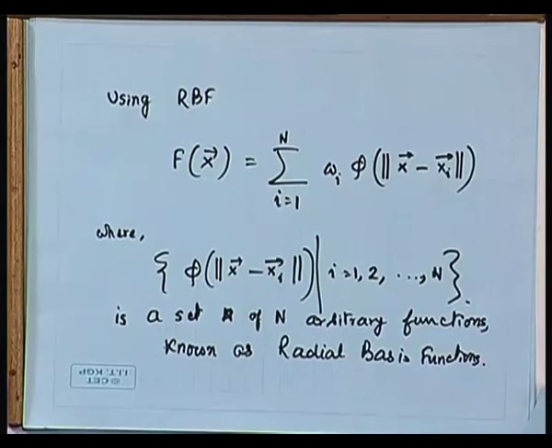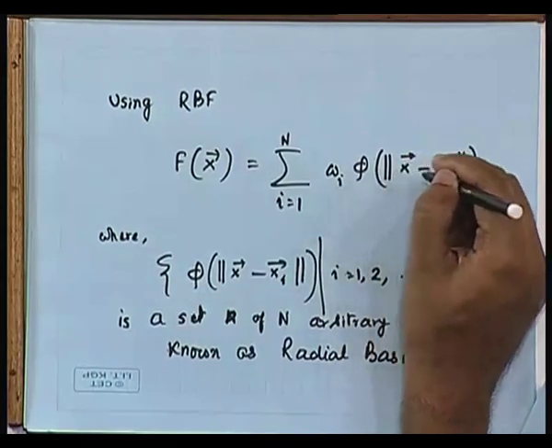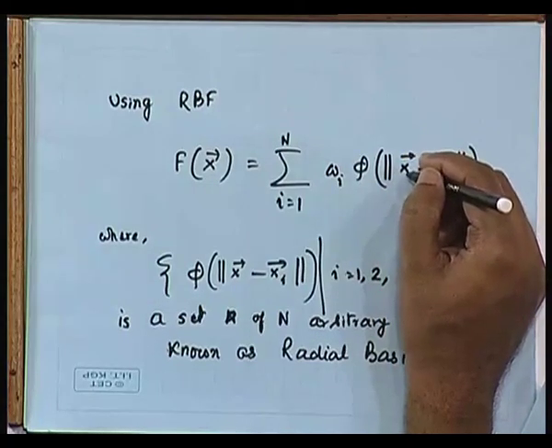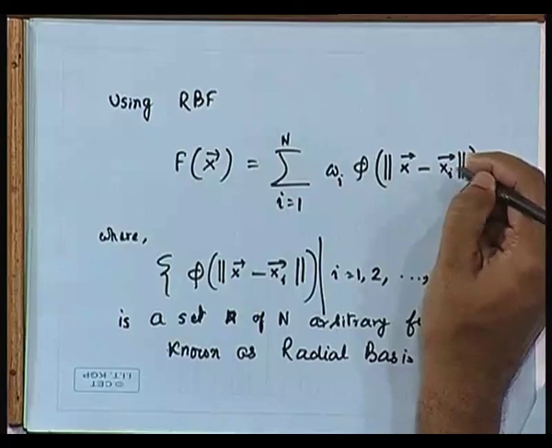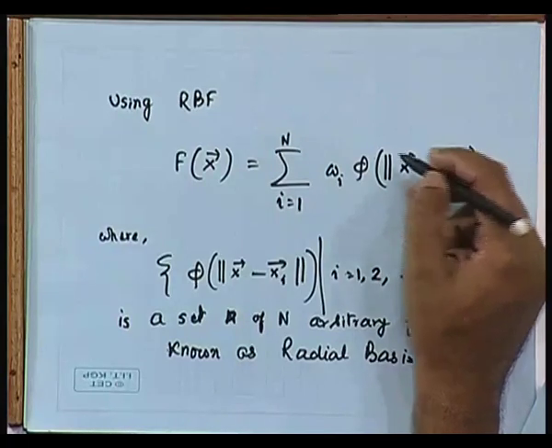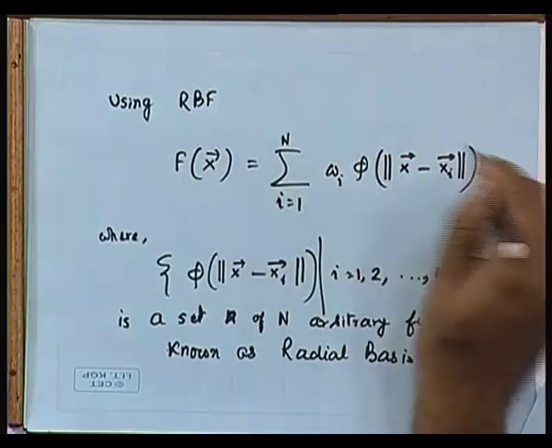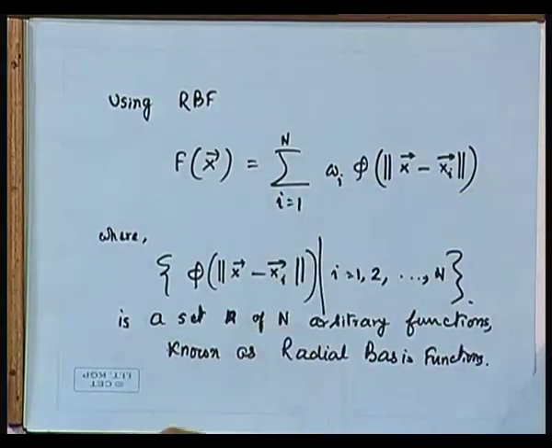So, d1 should be the summation of w_i phi of x1 minus x_i, and we have to compute all these n different outputs. For the x1 pattern we will get n different outputs from the n different radial basis functions that we have constituted.